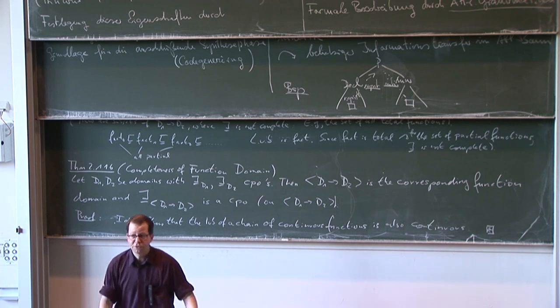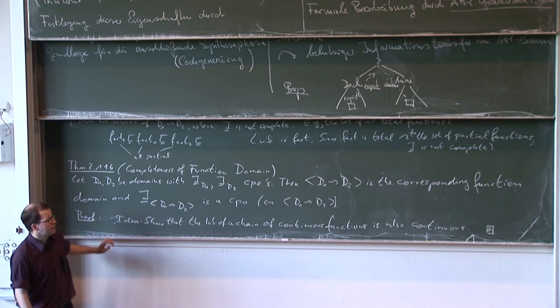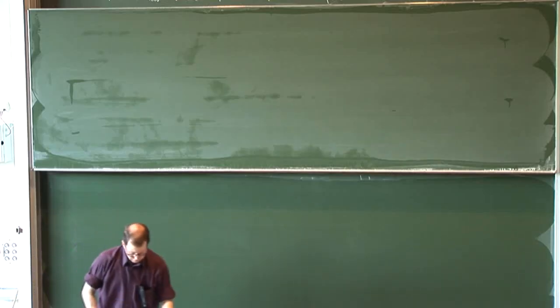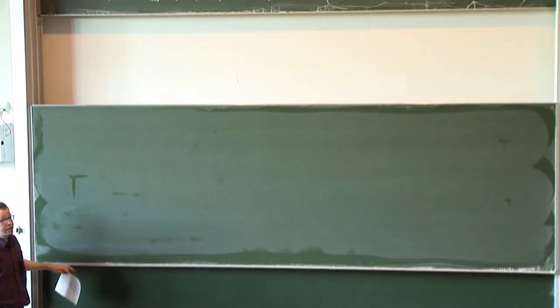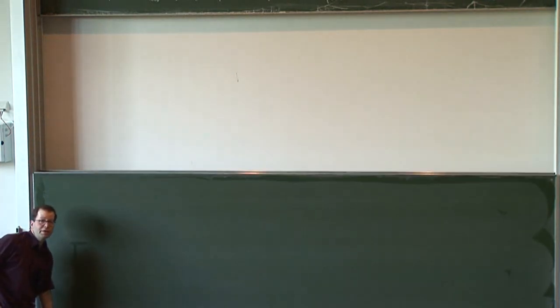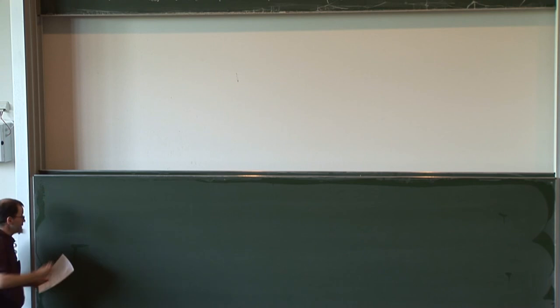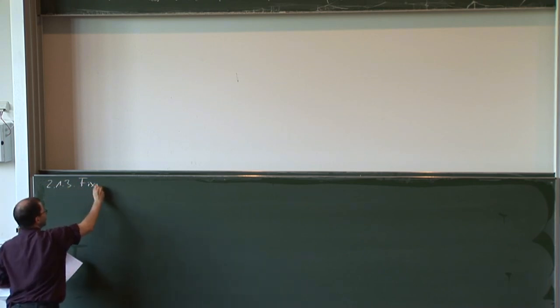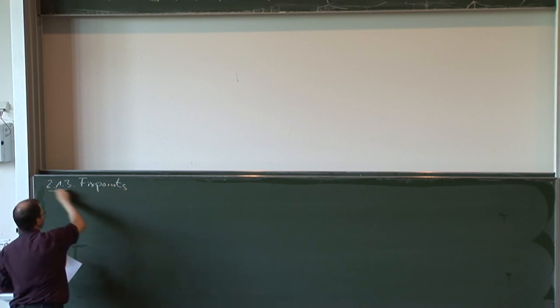Okay, and now we have all we need to define or to illustrate how we define the semantics of a function that is defined by recursion. Okay, so the key idea will be, on the one hand, we use this notion of chain and least upper bounds, and on the other hand, we use the notion of fixed points. And that's the reason why this last section in this subsection 2.1 is called fixed points.